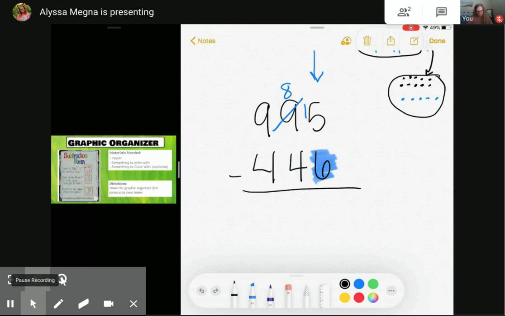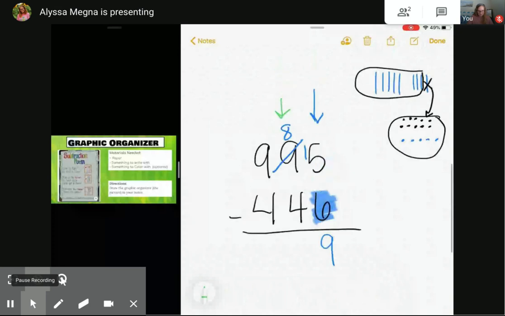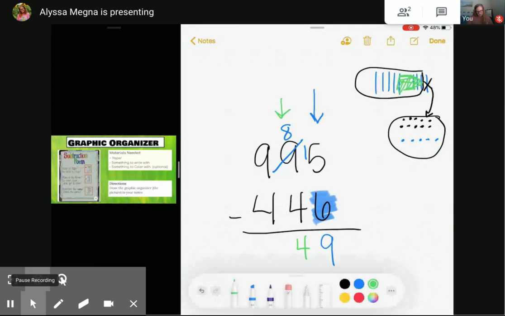Now we're going to move on to the tens. So we have 8 tens right now, and we are going to try and subtract 4. If I have 8 tens, can I subtract 4? Sure. 8 minus 4 is 4. So in the picture here, if I got rid of 4 of these, I only have 4 left. All right, and then finally, our last one, we have 9 minus 4, right?